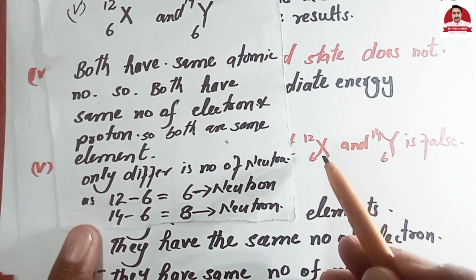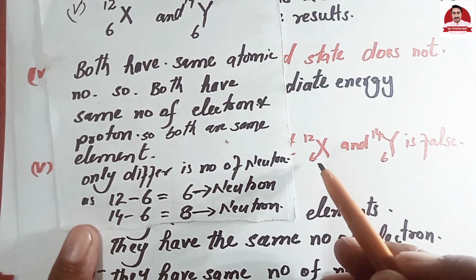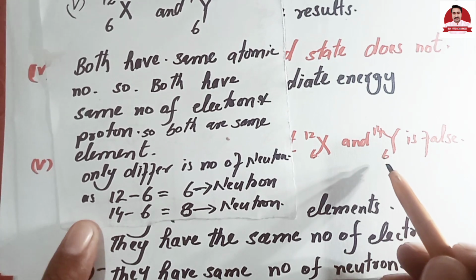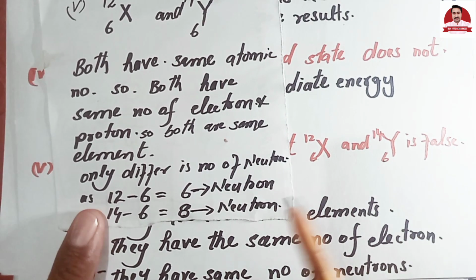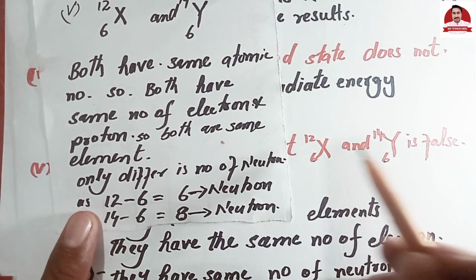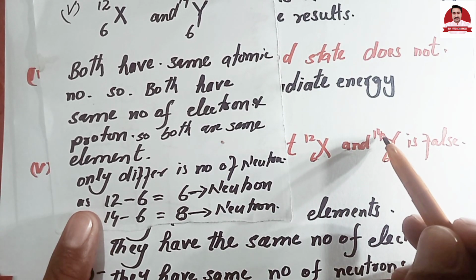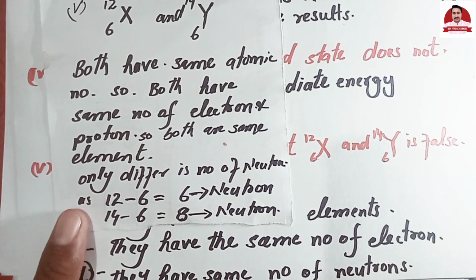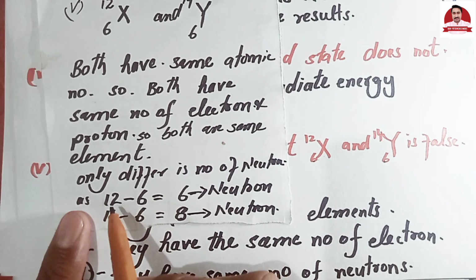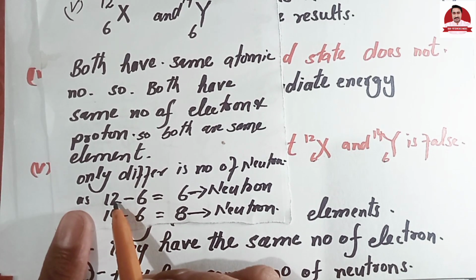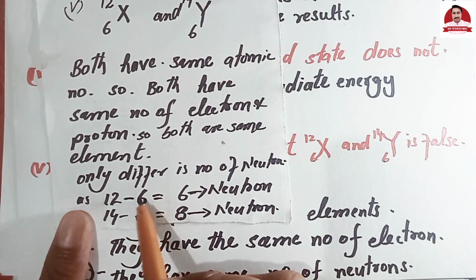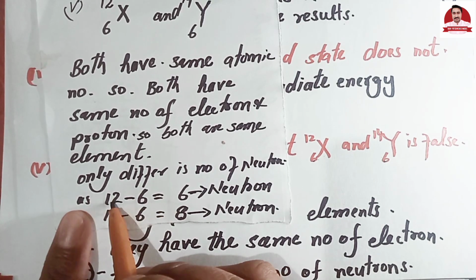If we look at these two atoms, X contains 6 electrons and Y contains 6 electrons. Similarly, 12 is the mass number of X and 14 is the mass number of Y. To calculate the number of neutrons, we subtract the atomic number from the mass number.